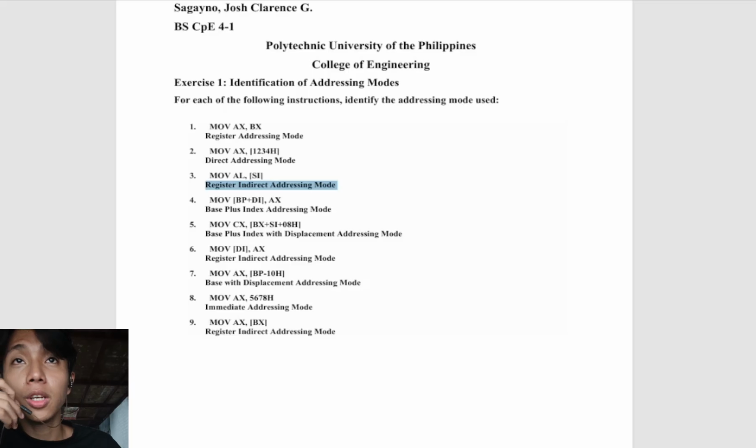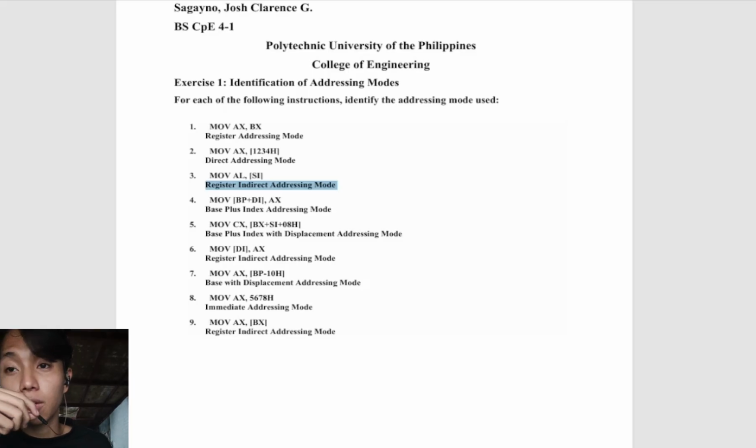So the CPU looks at the value inside SI, treats it like a memory location, and fetches the data from that location. That is why it is called register indirect addressing mode. Because the register leads you to the data instead of holding the data itself.